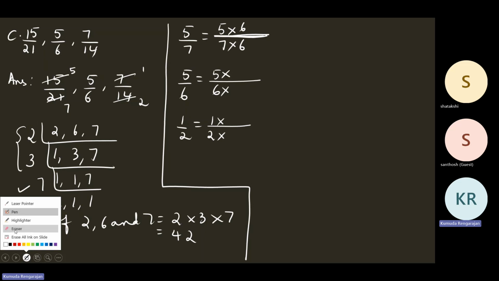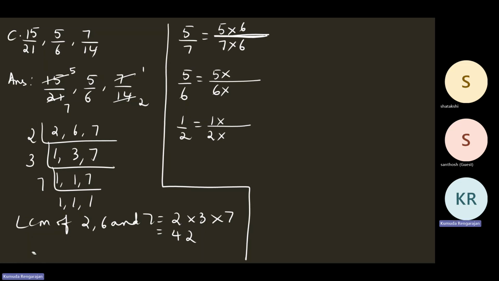What is the denominator in the next one? In 5 by 6, the denominator is 6. So 2 into 3 is 6, so you should leave that.